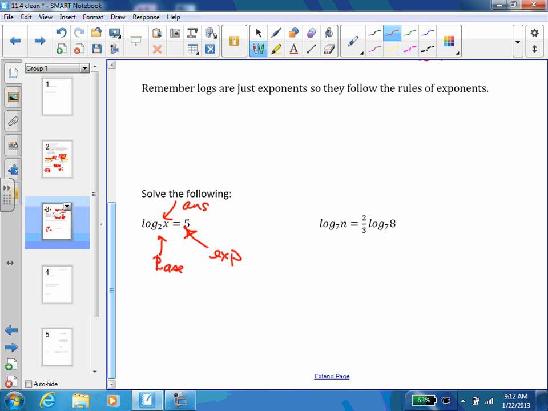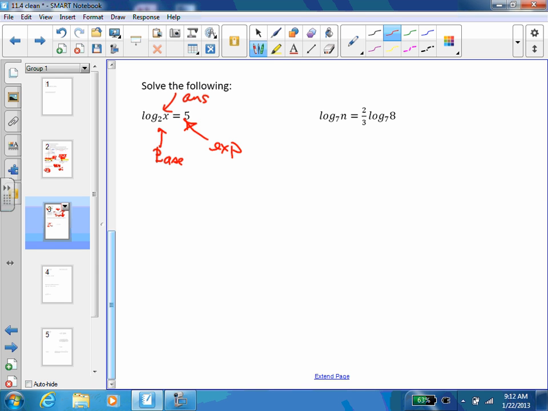How do I get to this? I can't divide by log of 2, so sometimes we have to rewrite it. So if it's given in log form, let's rewrite it in exponent form and see if it's easier to solve. So how would I rewrite this? I would say that this is 2 to the 5th equals x. Well, this I can solve, right? Because I've isolated the x.